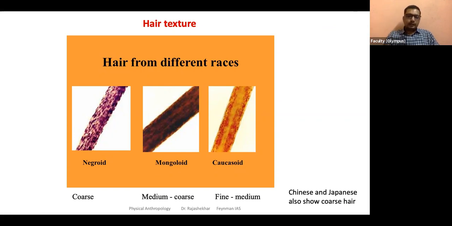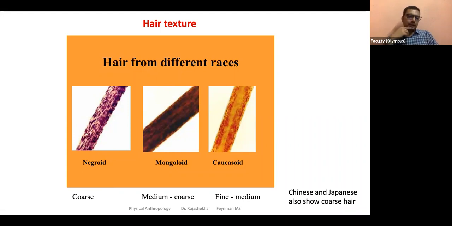So either it is very thin or fine, or coarse, or in between. Here you see somewhat of an overlap.